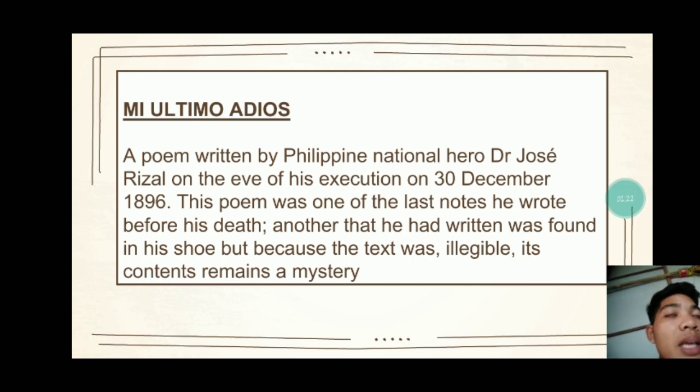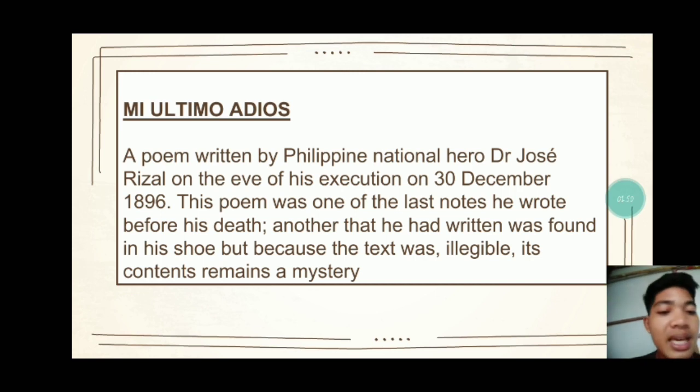Before Jose Rizal died, he created a poem entitled Mi Ultimo Adios. This poem was one of the last notes he wrote before his death. Another that he had written was found in his shoe, but because the text was illegible, its contents remain a mystery.